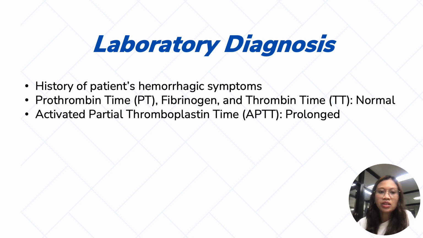However, activated partial thromboplastin time will be prolonged because, as discussed previously, APTT is a coagulation test that screens for factor deficiencies in the intrinsic and common pathways. Factor VIII is an important factor belonging to the intrinsic pathway, thus we have an expected prolonged APTT result in hemophilia A.